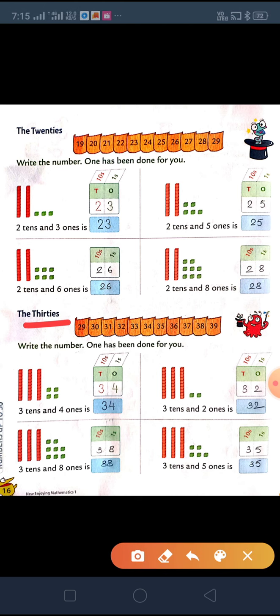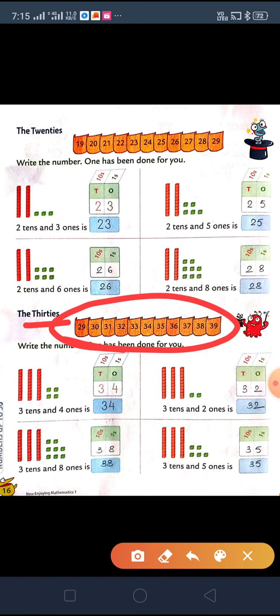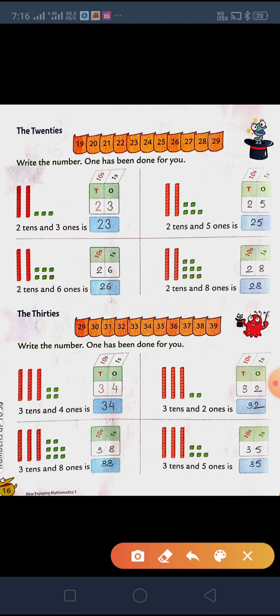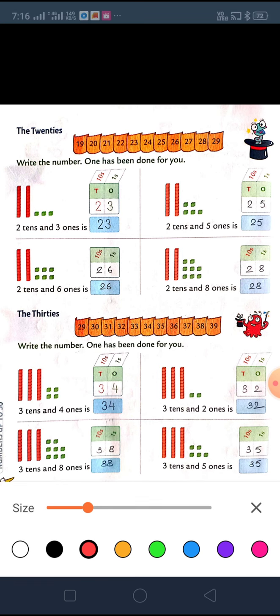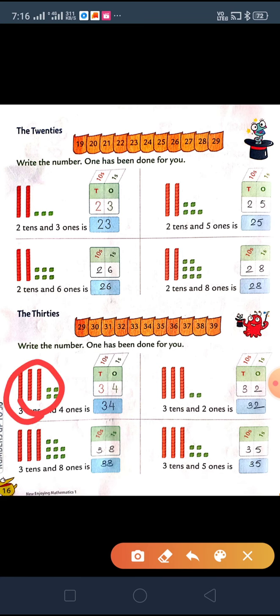Next is the 30s. 30s means numbers from 30 to 39. Now here there are 3 blocks of 10, 10.